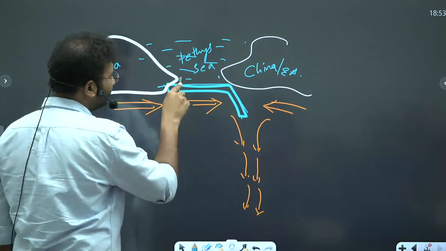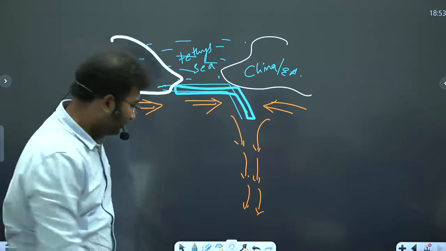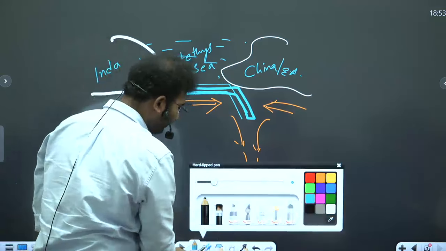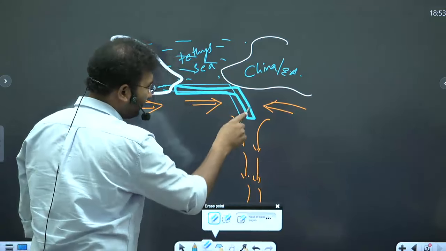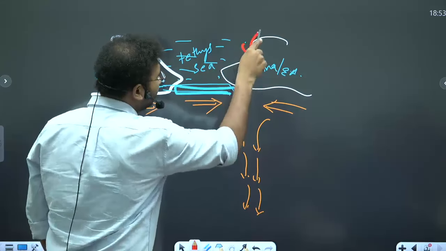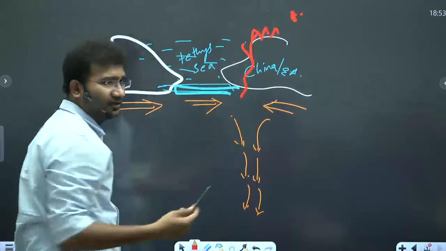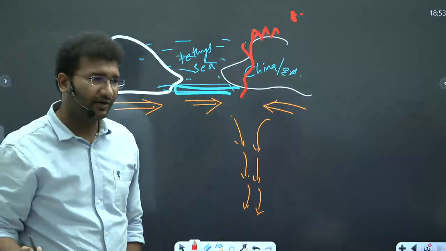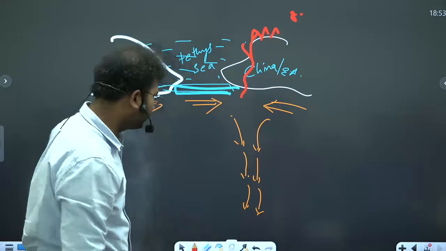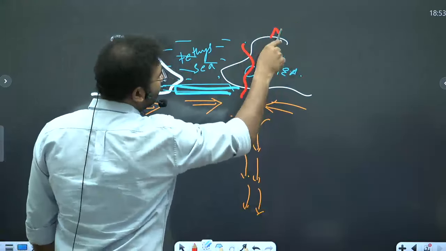If I'm pushing this Indian plate, the Eurasian plate will also get pushed, and this part of the plate will go and melt into the mantle. It creates volcanoes on the Eurasian plate. So 80 million years ago, I already told you there was some volcanic activity. But now just imagine that I am going to push more and more. I am going to increase the speed.